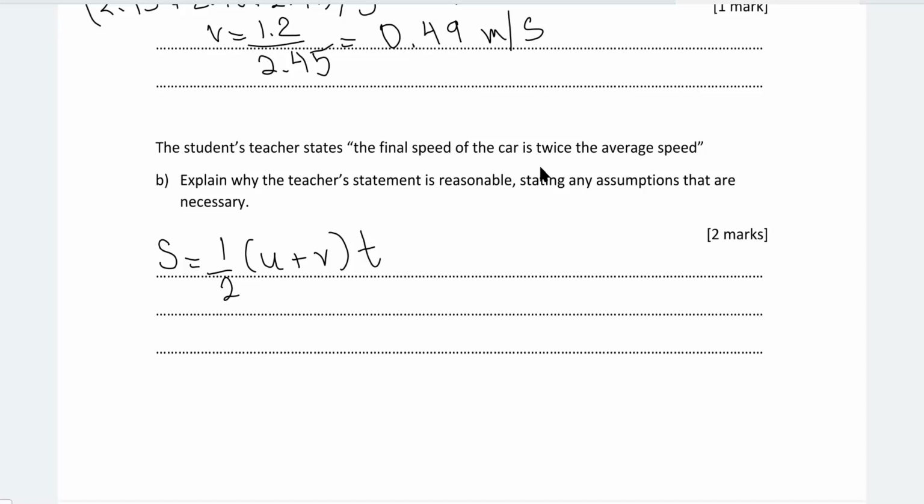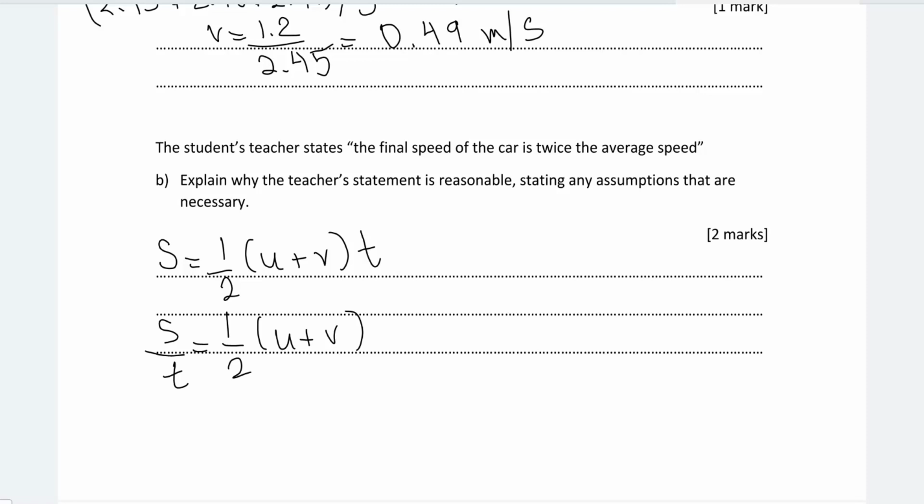Let me know in a comment if you'd like me to derive this equation, for instance. Okay, anyways, so if we were to rearrange that, I'm going to make s over t the subject of the equation. s over t will be equal to a half (u plus v).